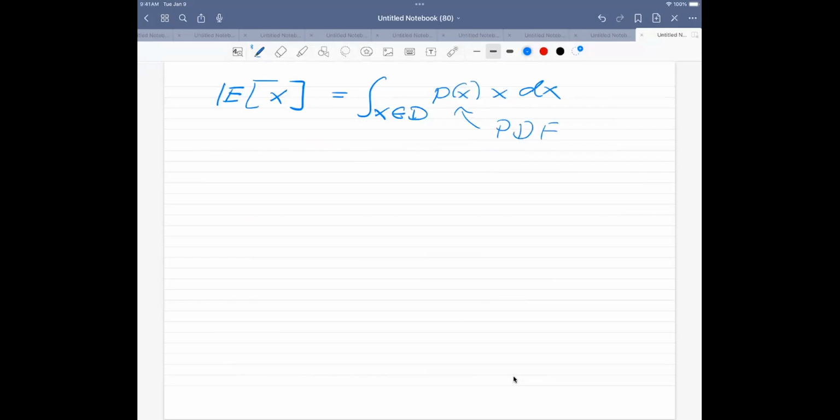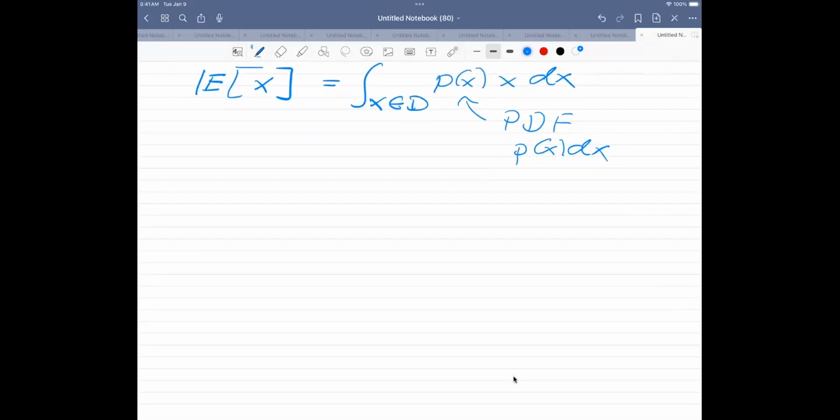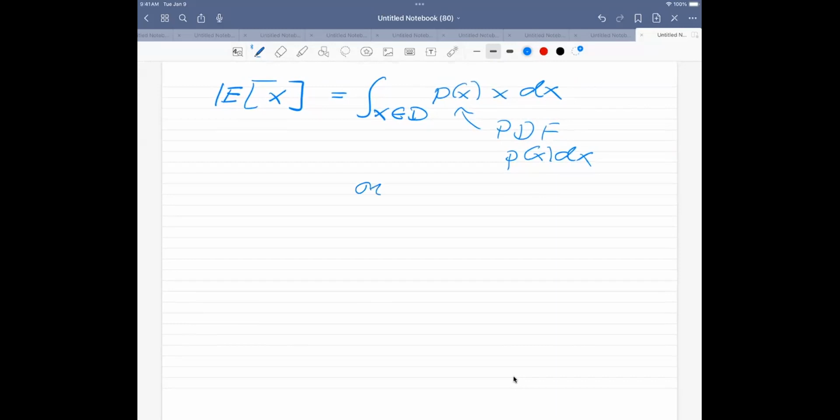So p of x multiplied with dx represents the probability of finding a specific event in the domain between x and x plus dx. And these functions, if it's a continuous and nice function, is normally called a probability distribution. Alternatively, if you now have a discrete distribution, this is a continuous one, you would then have a sum over i in this domain of events which you have. And then you would have x_i and p of x_i.